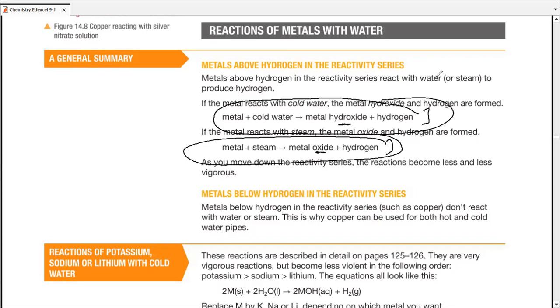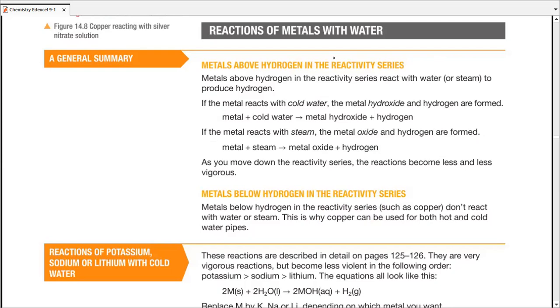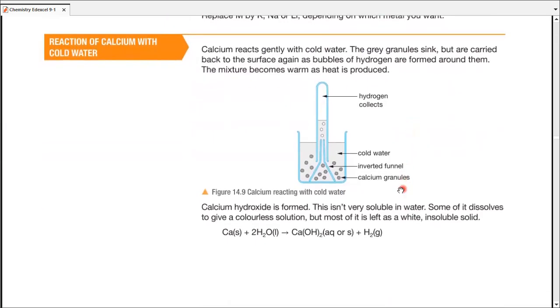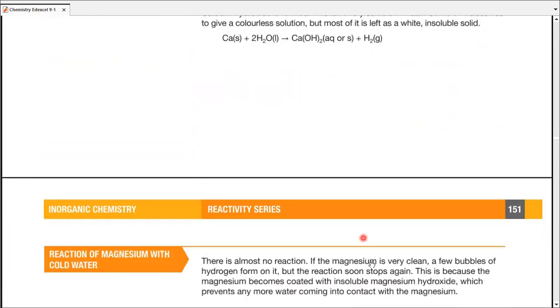Moving on. You'd notice that for potassium, sodium, or lithium, the equation is different, and we only perform them with cold water. Since the reactions are very violent, we do not even go for an unsafe reaction with steam. In the case of calcium, it's different with cold water.